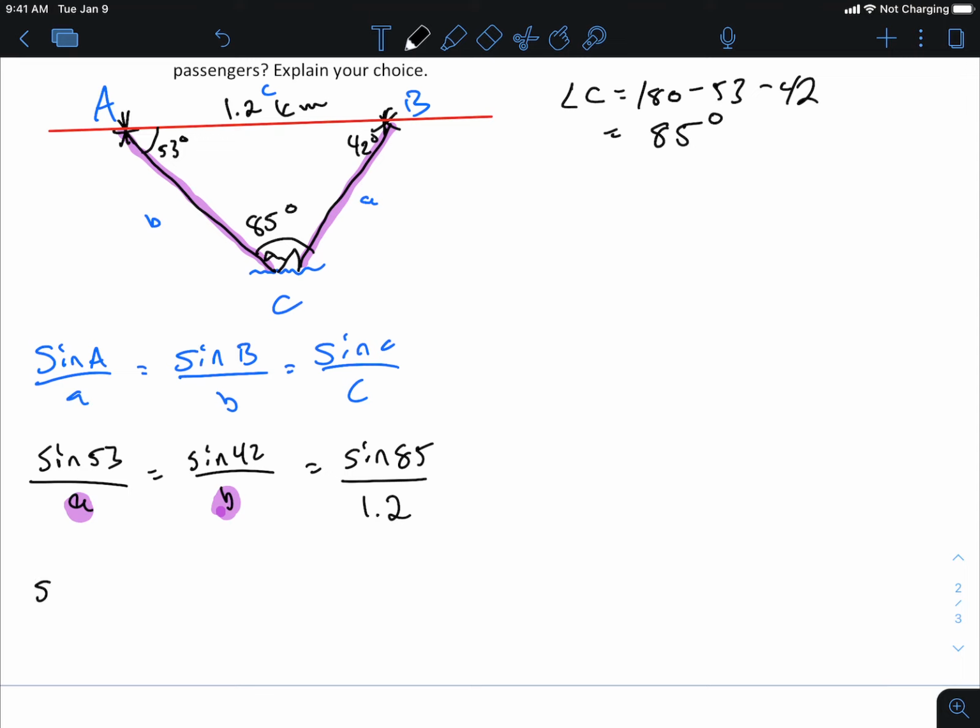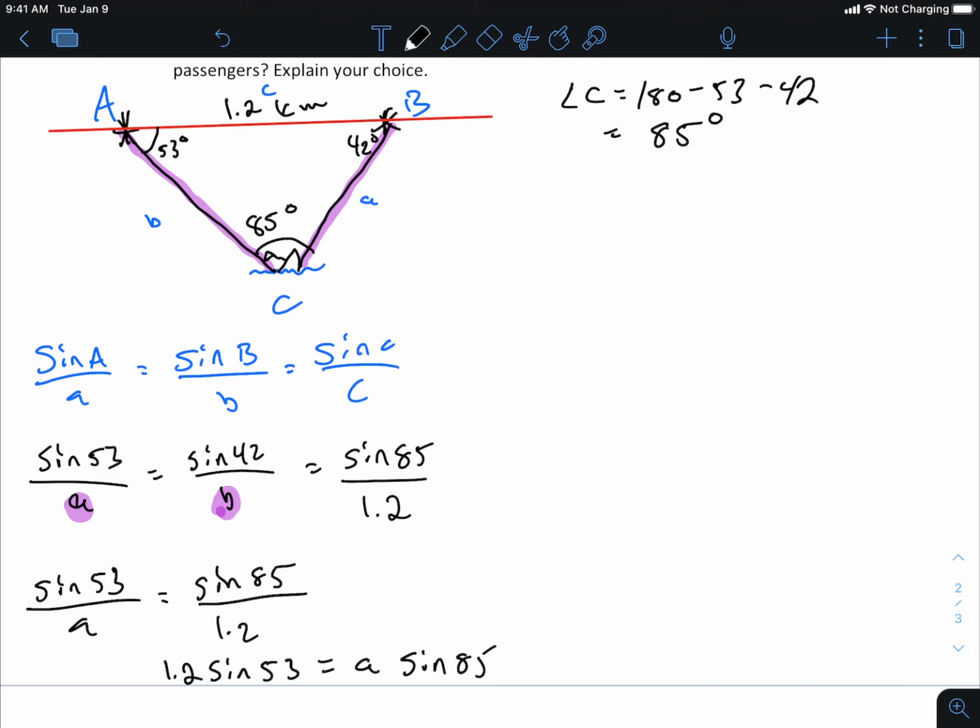So we're gonna go sine of 53 over A is equal to sine of 85 over 1.2. Okay, so then you're gonna get 1.2 sine 53 is equal to A sine 85.